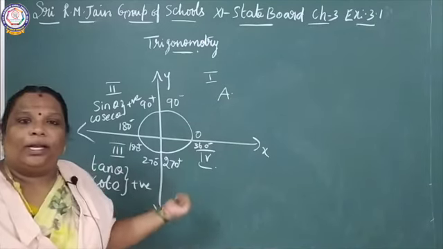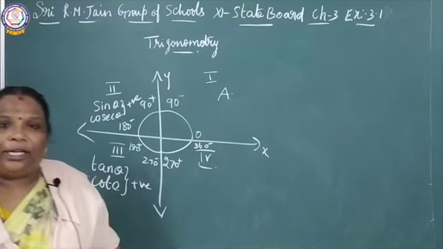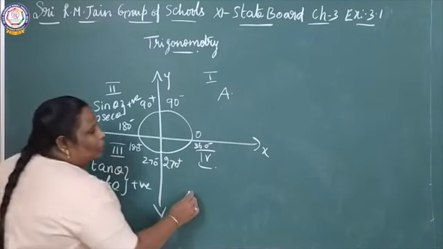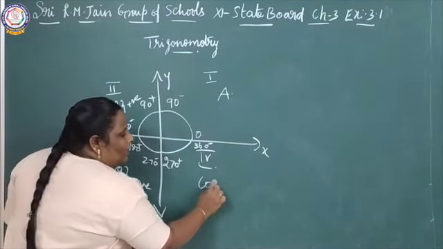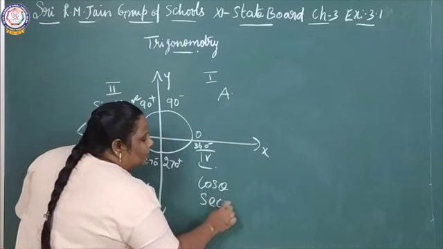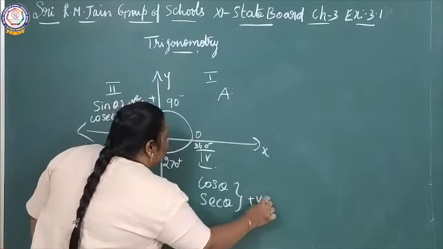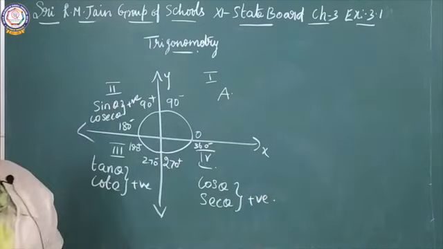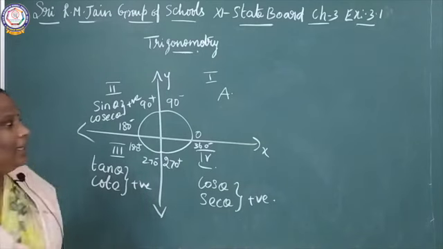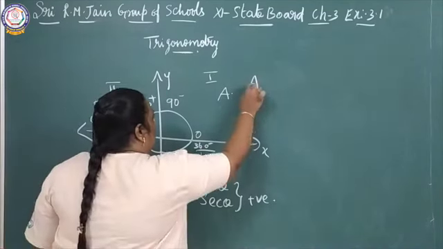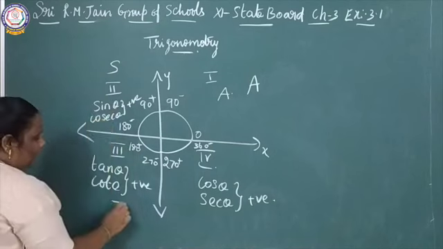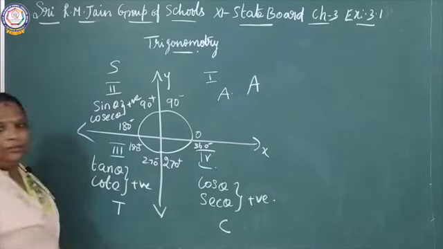In the third quadrant, tan theta and its inverse cot theta are positive. In the fourth quadrant, cos theta and its inverse secant theta are positive. For your remembrance, you will write: all silver tea cups.